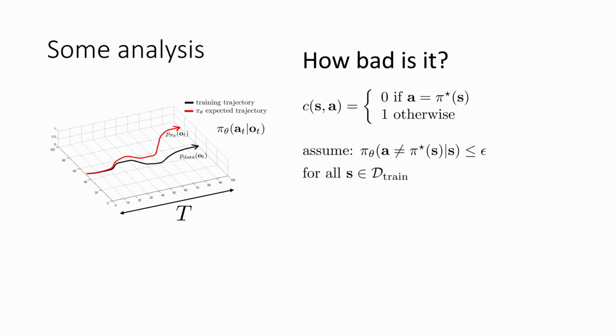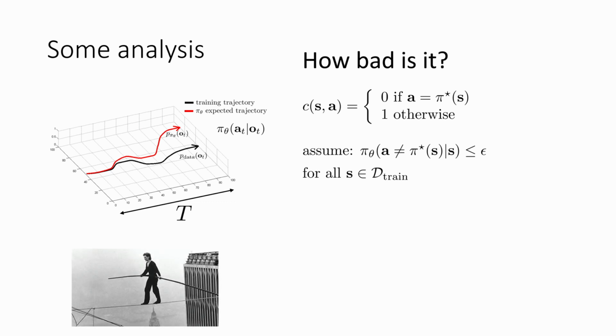Okay, so what's the worst thing that could happen under this assumption? Well, the worst thing that can happen is this. What is this? This is a person doing something perhaps somewhat inadvisable. Certainly inadvisable if you're an imitation learning algorithm. This person is walking on a tightrope. And walking on a tightrope is difficult because if you make a mistake, which has probability epsilon, you will fall off the tightrope.